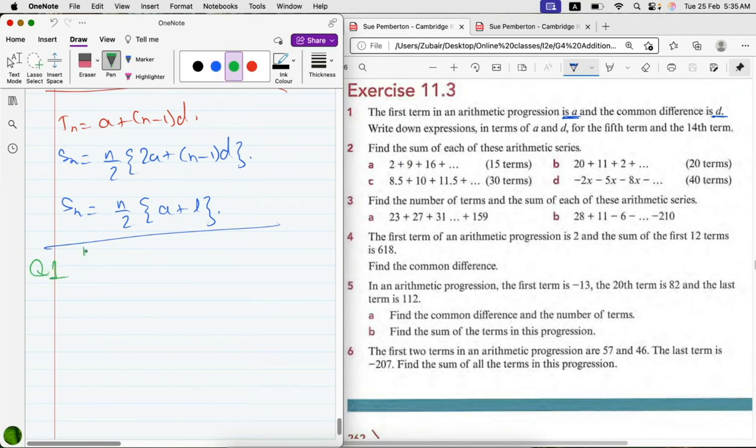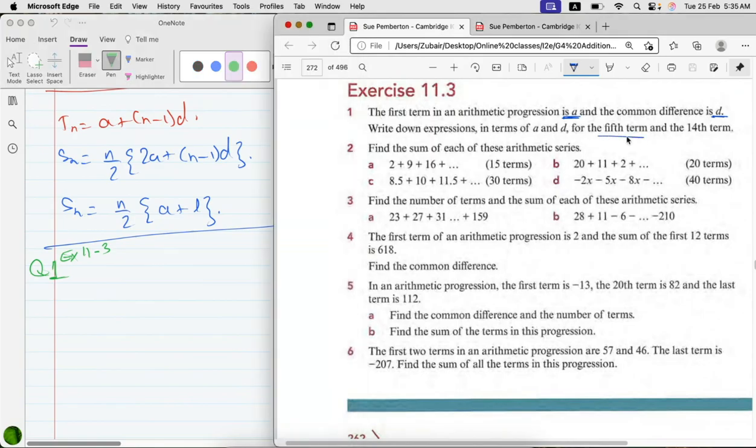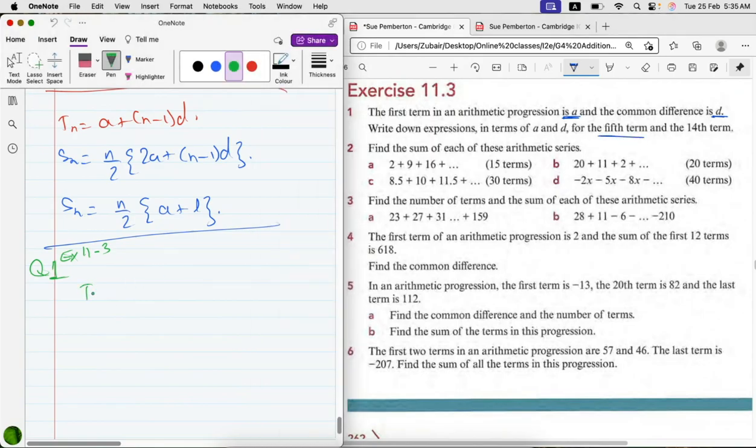For the fifth term, Tn is equal to a plus n minus 1 into d. So the fifth term is a plus 5 minus 1 into d, which is a plus 4d. Similarly, the 14th term will be a plus 13d.